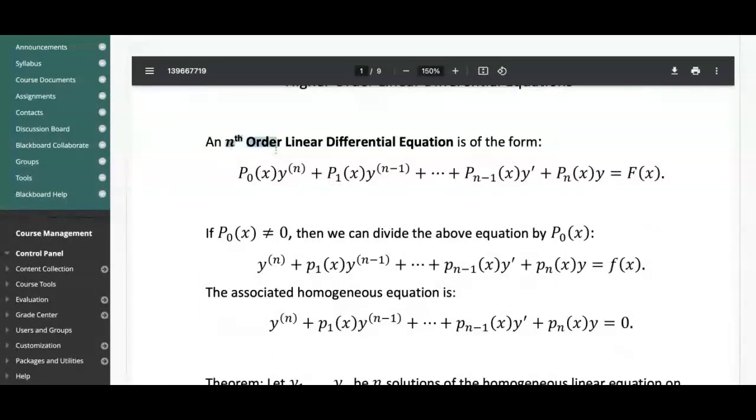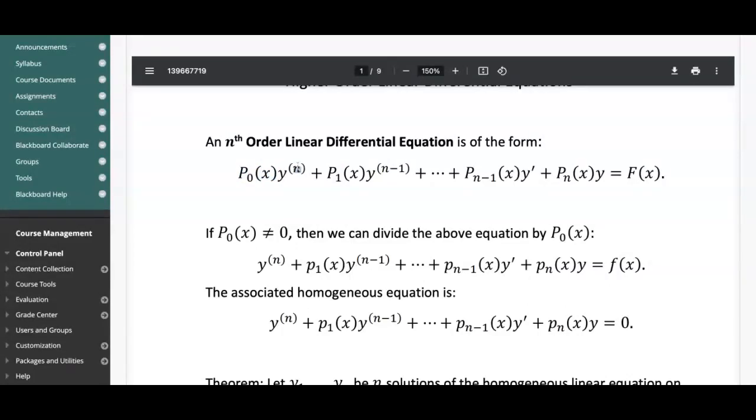So we call this an nth order linear differential equation, right? What is it? We have y to the nth prime, y to the n minus 1, and so on and so forth, y double prime, y prime, and y, with a function of x. So all of the coefficients of the primes are functions of x, right?